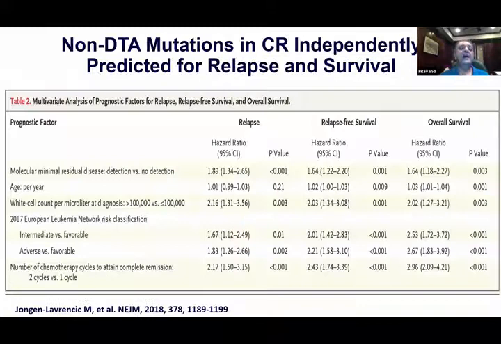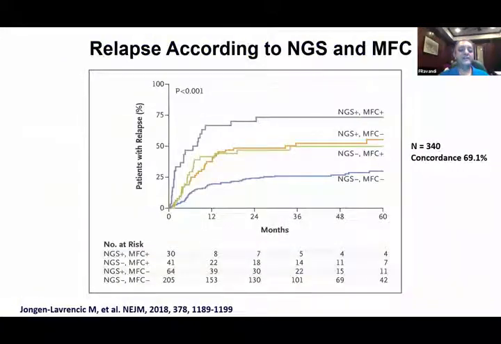In fact, on multivariate analysis, the clearance of non-DTA mutations at the time of CR, so clearing all mutations except for DNMT3A, TET2, and ASXL1, was the most important predictor of relapse, relapse-free survival, and overall survival. So yes, we can use next-generation sequencing for an assay for measurable residual disease at the time of remission.